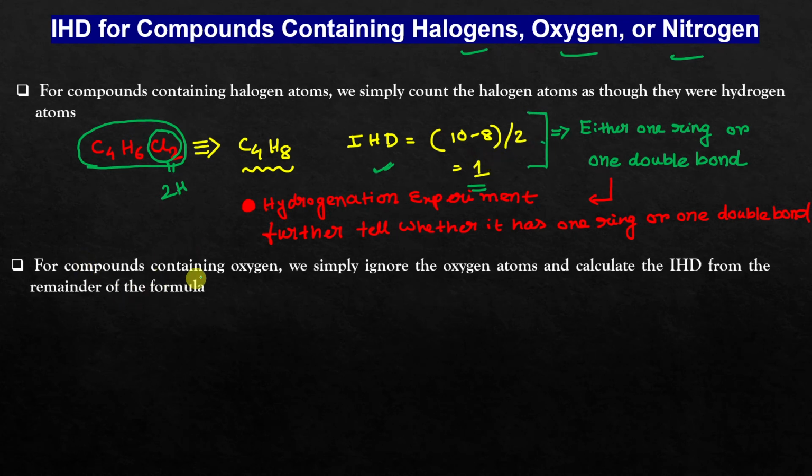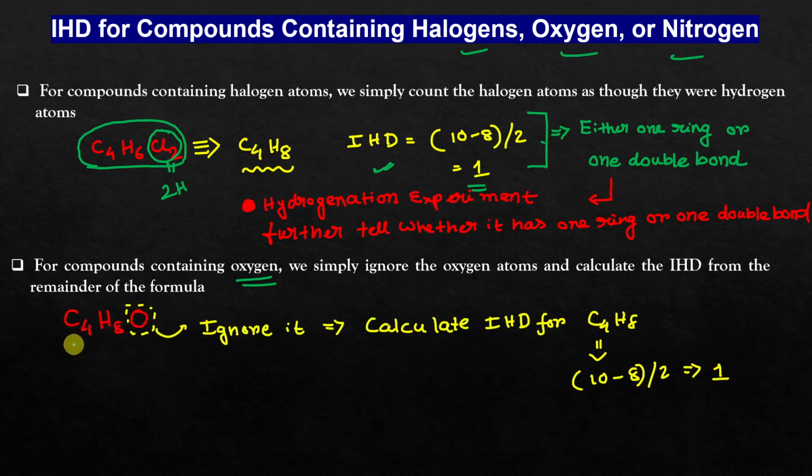Now what happens for a compound that contains oxygen? In that case we simply ignore the oxygen, and then calculate the IHD for the rest of the compound. Let's see this. You have to determine the IHD for the compound C4H8O.